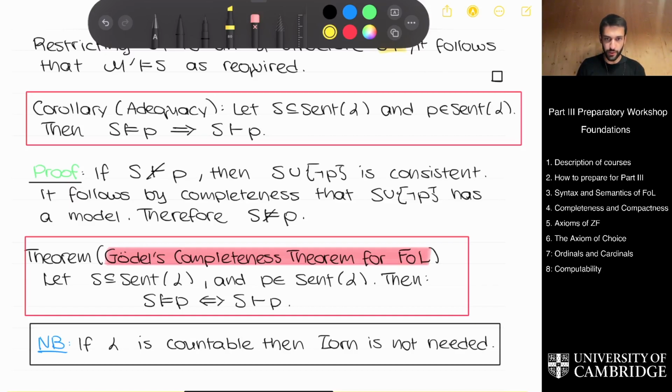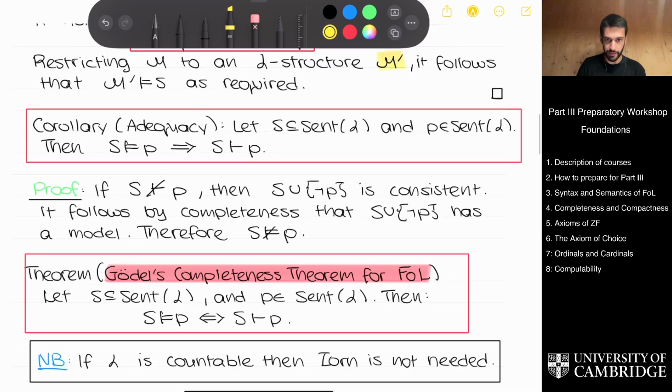And this is not difficult at all to show just from the completeness theorem in the form that I gave it to you before. Why is that? Well, let's try to do the contrapositive. Suppose that S does not prove P, then it follows that if you consider the set S union the negation of P, that must be consistent because it doesn't prove bottom. If it did prove bottom, then S would prove P by the deduction theorem.